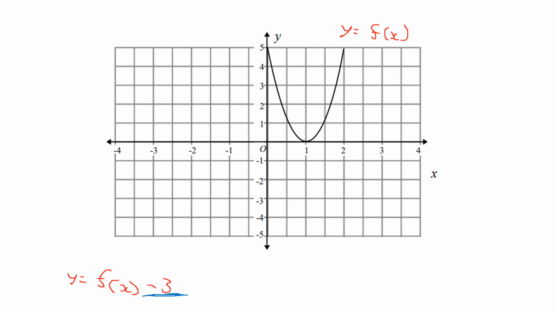Because it's minus 3, it's going down 3. Here's minus 1, then minus 2, then minus 3. So we'll move this down 3 times, and we're left with a function that looks something like this. And this has equation y equals f of x minus 3.